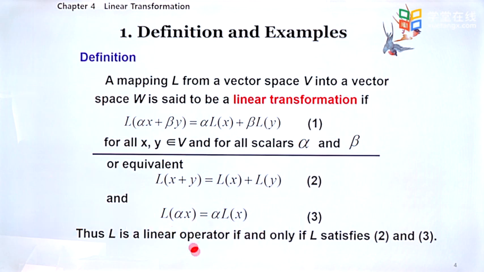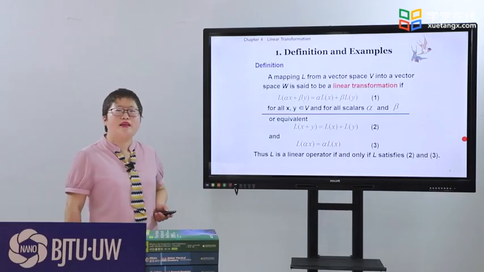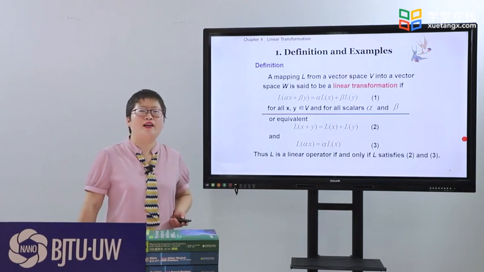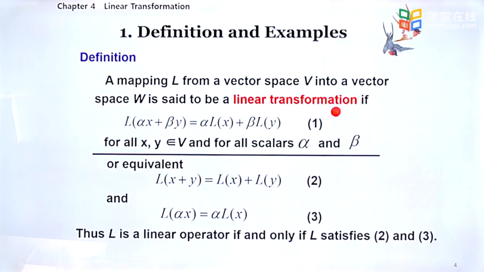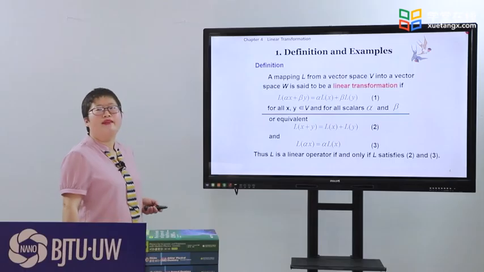Thus, L is a linear operator if and only if L satisfies 2 and 3. So in order to check whether a mapping L is a linear transformation or not, you can check only formula 1, or you can check both 2 and 3. So 2 and 3 together are equivalent to 1.